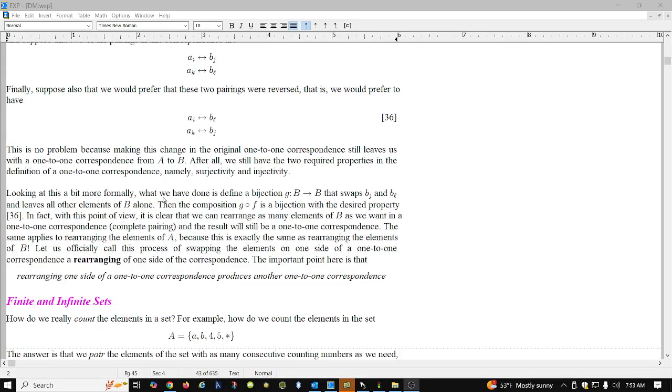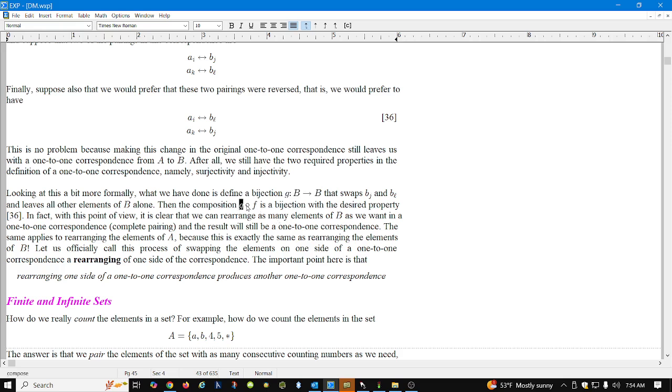Now we should look at this again a little more formally so we can use it effectively later on. The swap of BJ and BL is really just done by a bijection from B to itself that sends BJ to BL and BL to BJ and doesn't move the other elements in capital B, leaves them alone.